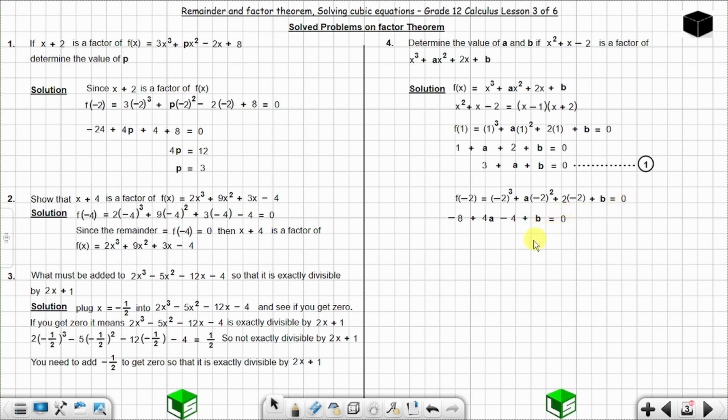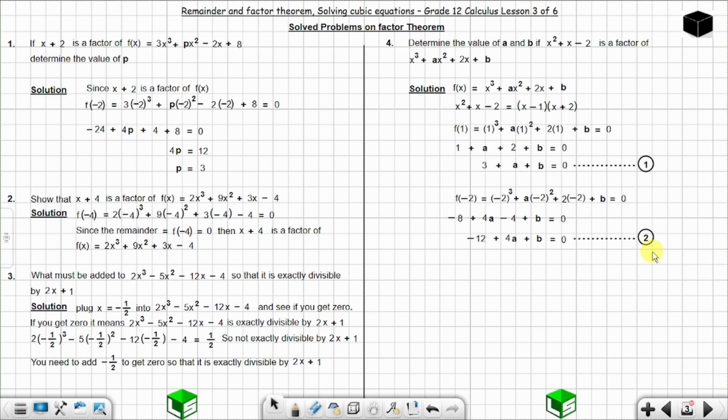So you have negative 8 minus 4, negative 12, plus 4a plus b, equal to 0. And now this is our second equation. You need at least two equations to solve for the two unknowns.